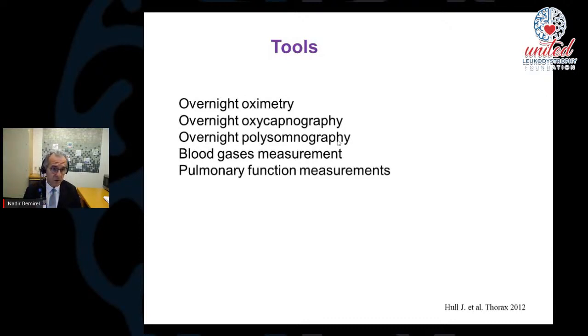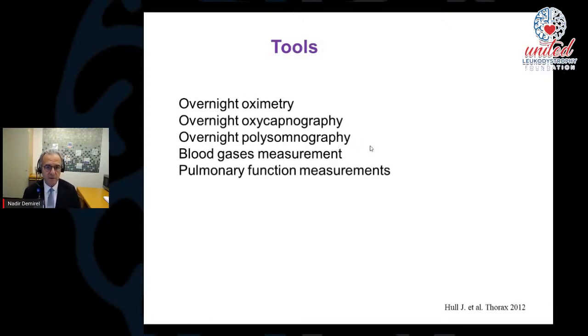We can also measure the chest movements, how much your chest is rising, how much your belly is rising, and how synchronized they are. And we can measure other things like heart EKG and sometimes EEG. There are different channels that can be used.